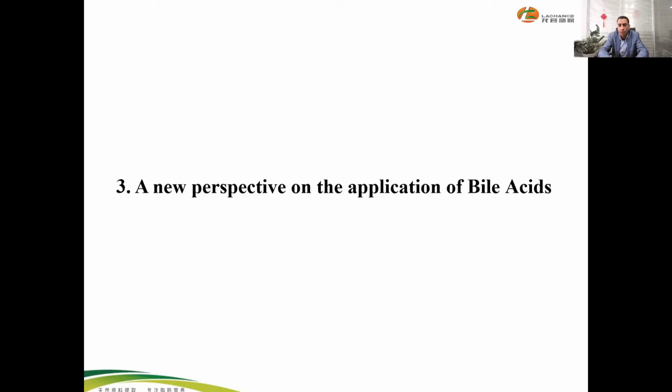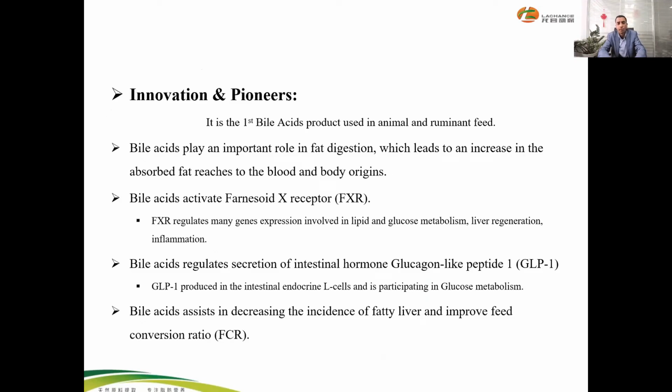Now the new applications, and some applications of bile acids used currently and before. Here there are four or five points. The first one is that this bile acid is produced by the La Chance company. This is the first one produced in China and in the world also.